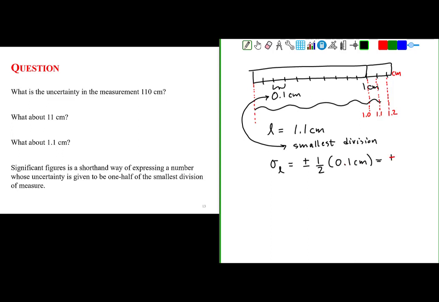This is the same as plus or minus 0.05 centimeters. So our uncertainty goes to the hundredths place. Since our uncertainty goes to the hundredths place, that means that we could report our measurement to the nearest hundredths. So we could report this as 1.10 centimeters plus or minus 0.05 centimeters. And I see up here, I wrote a meters. That should have been a centimeters.